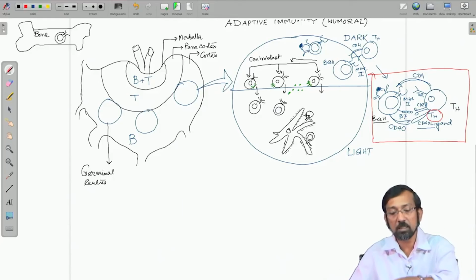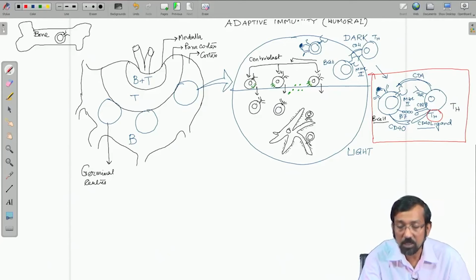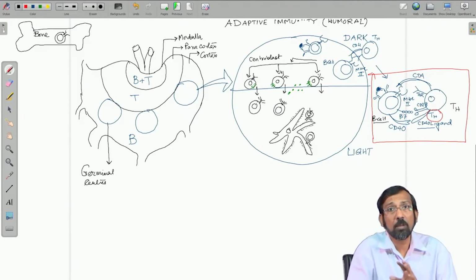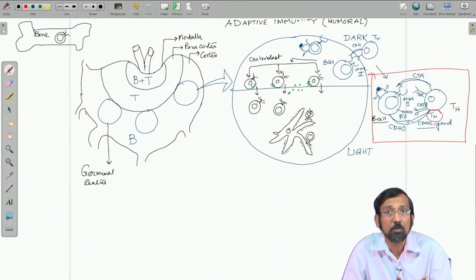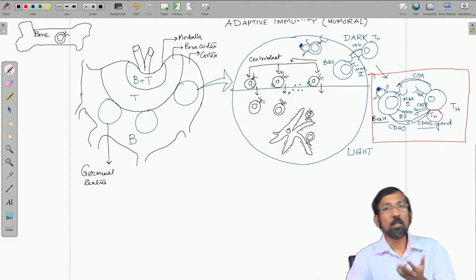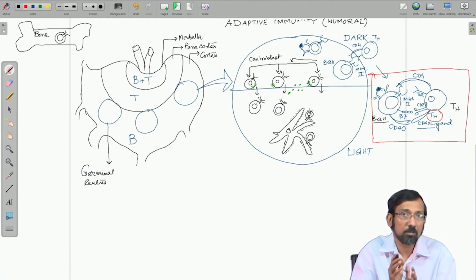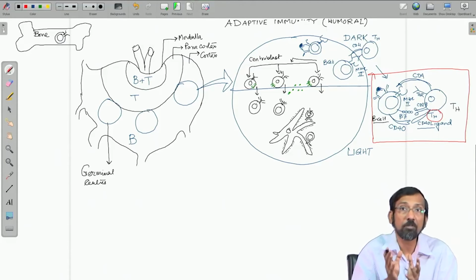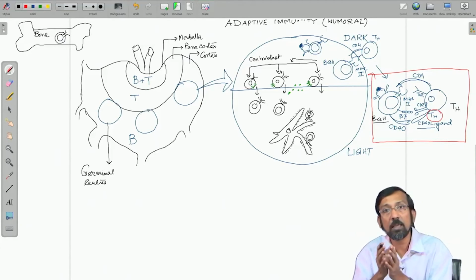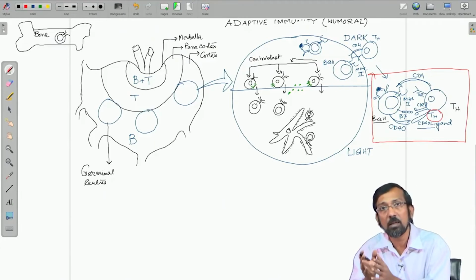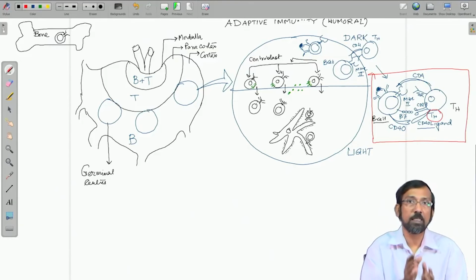Now, there are many of these centrocytes, and some of them have high affinity, some of them have low affinity. So, they will now start to compete. The centrocytes which are expressing high affinity antibodies on their surface will compete with the centrocytes which have low affinity antibodies.